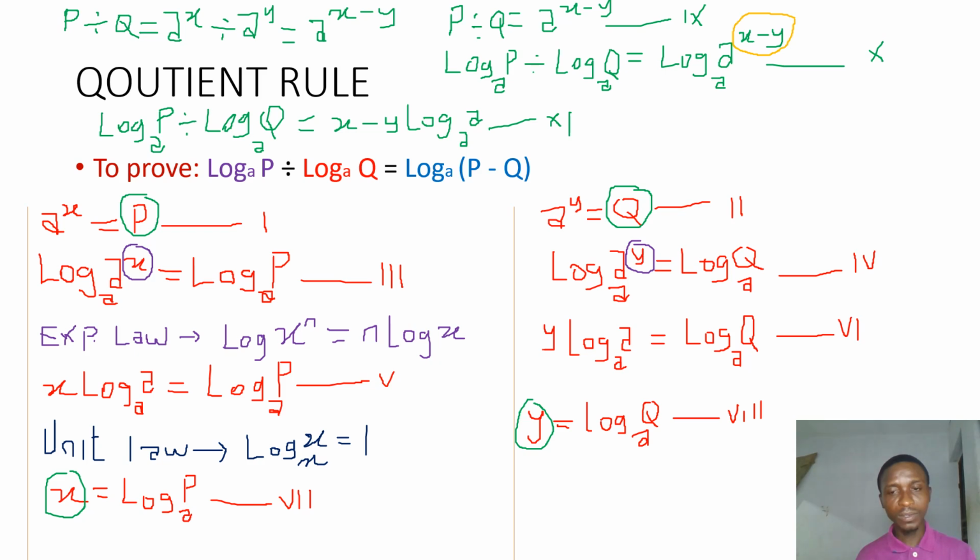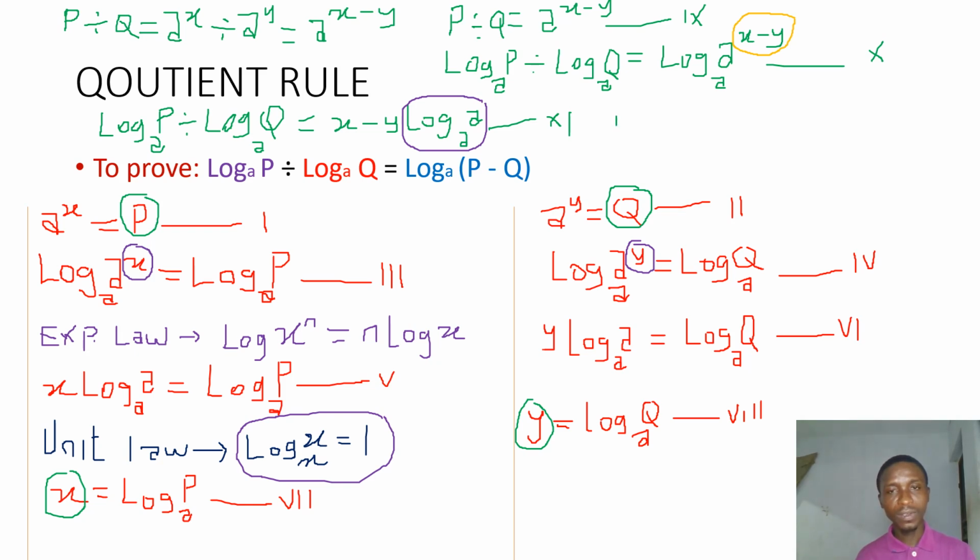To eliminate this, we apply the unit law. The unit law says that log x base x equals 1. So applying that in equation 11, that will give us equation 12.